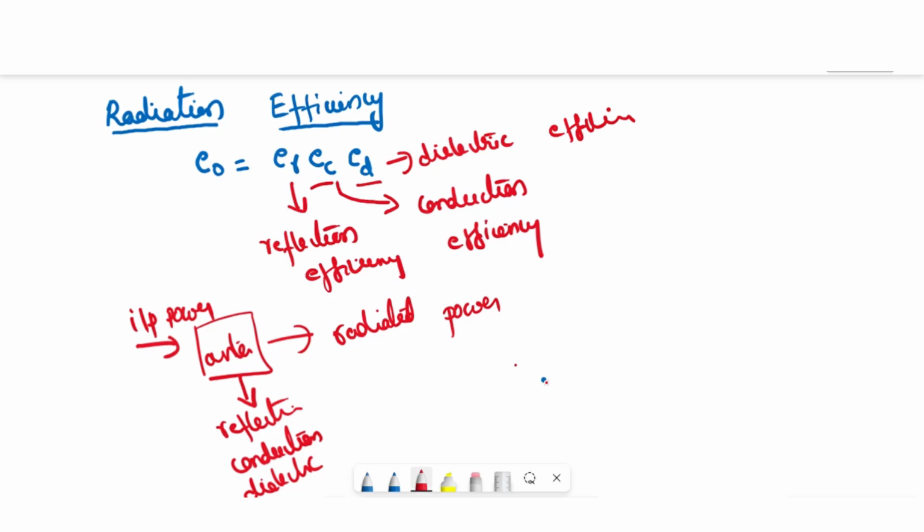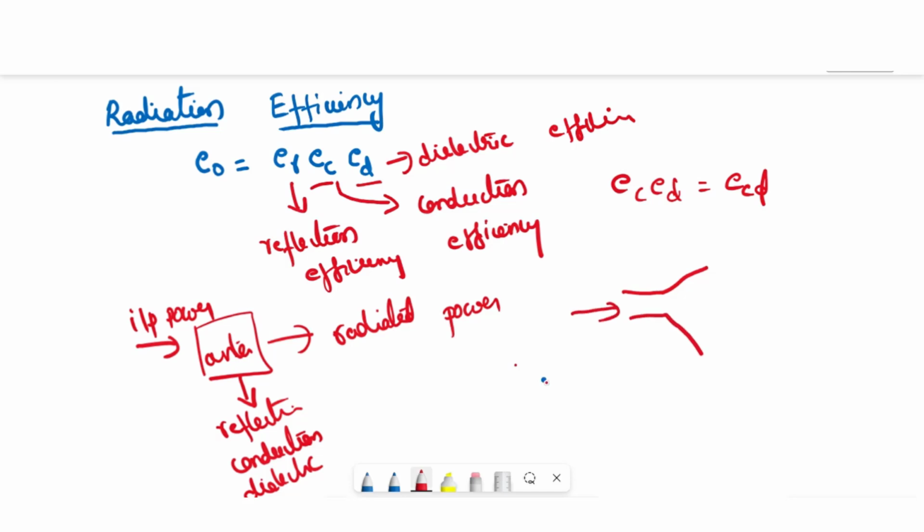So as we are not able to separate them, these two get merged, and you have to consider EC and ED as ECD. Okay. So here, ER is the reflection efficiency. Take this antenna.